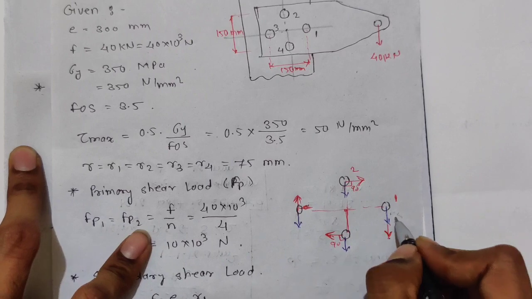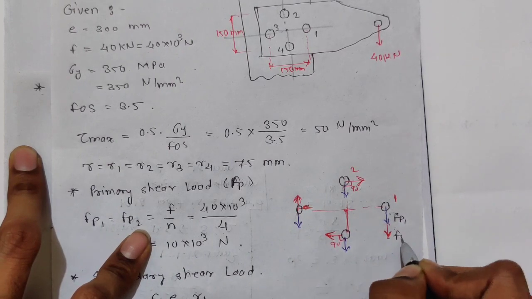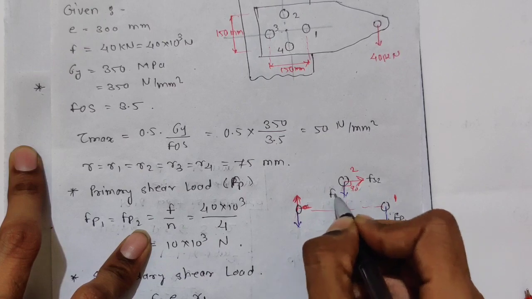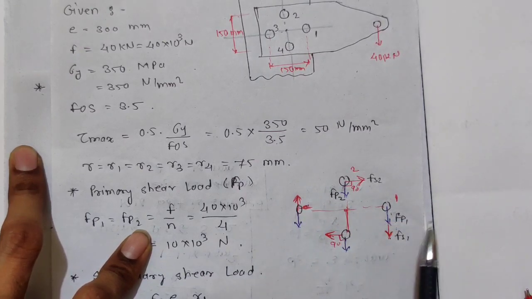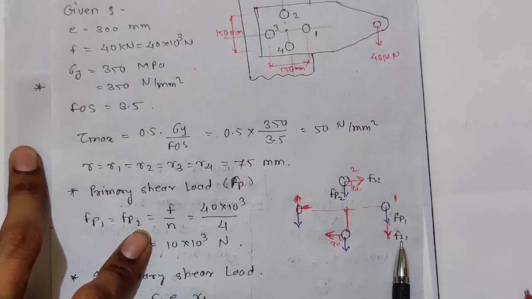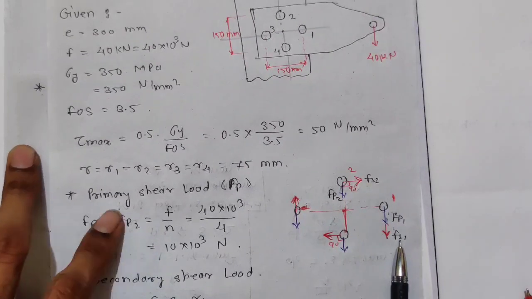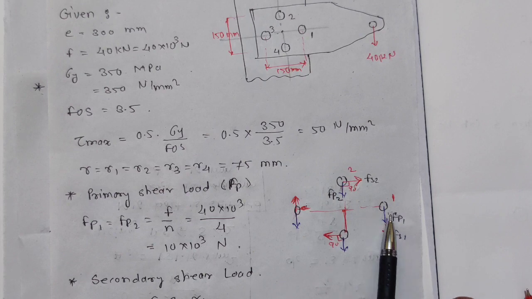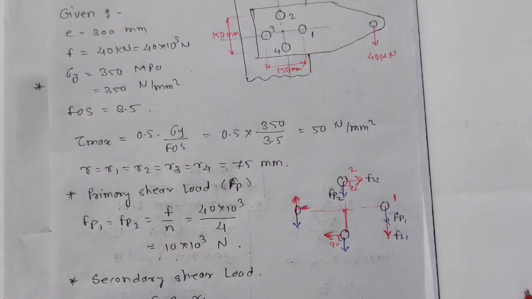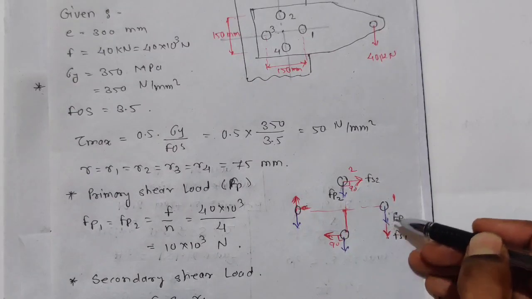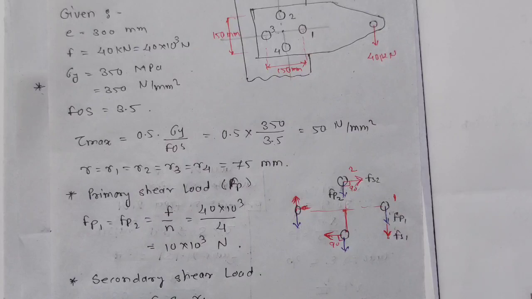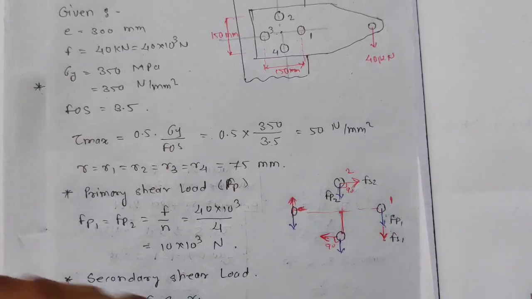This is FP1, this is FS1, this is FS2, this is FP2. So there is no angle between primary load and secondary load, then we don't have to go for the vector addition angle formula, that is square root of FP1 square plus FS1 square plus 2 FP1 FS1 cos theta. That formula we don't have to use because there is no angle. When we have an angle we use that formula. We are not having an angle, so we can directly add these two forces.